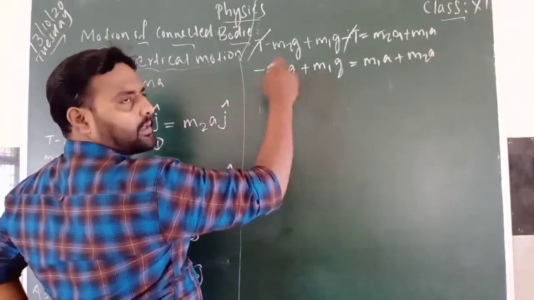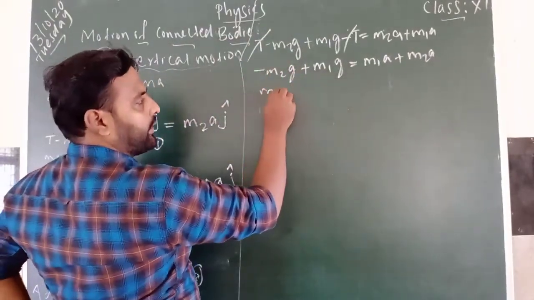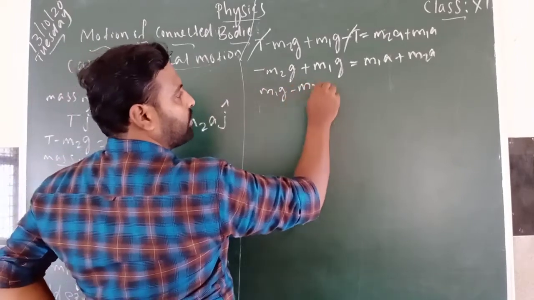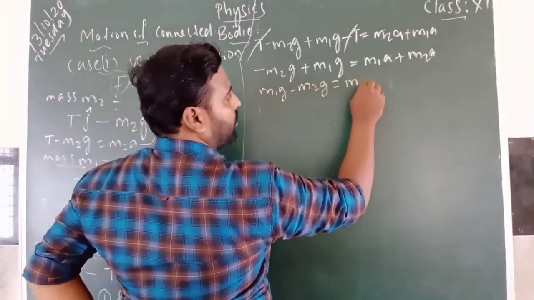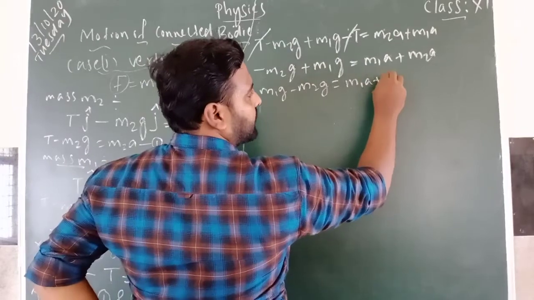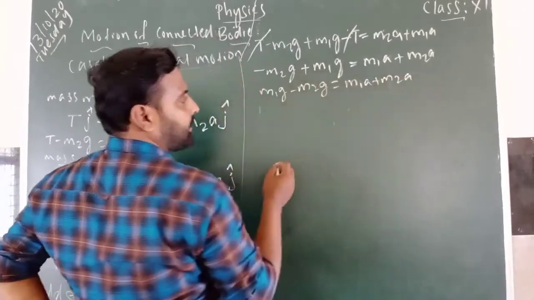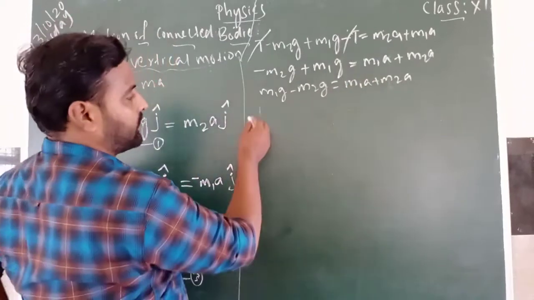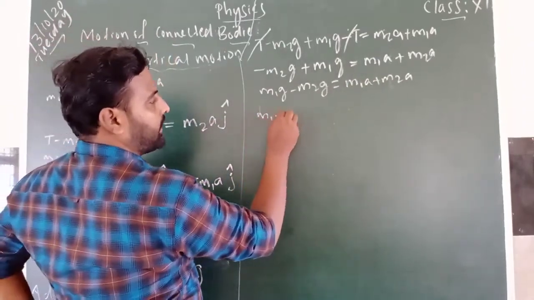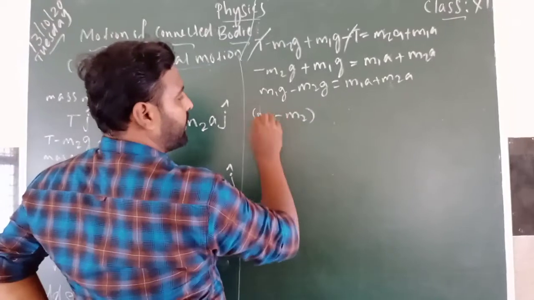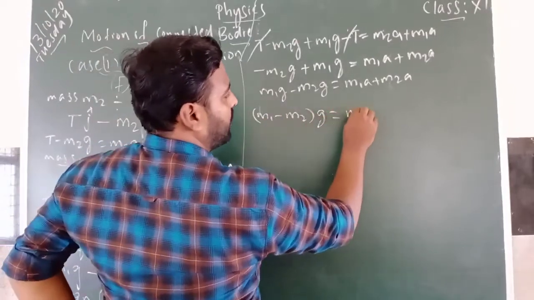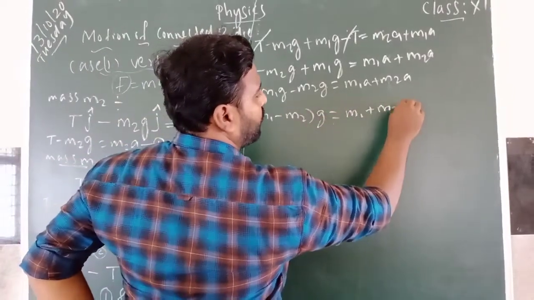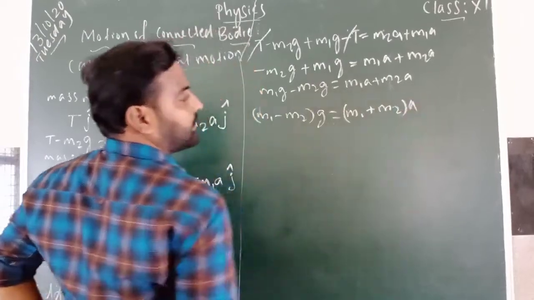Now rearrange this: M1G minus M2G equal to M1A plus M2A. Now here G common, here A common, take it outside. So M1 minus M2 into G equal to M1 plus M2 into A.